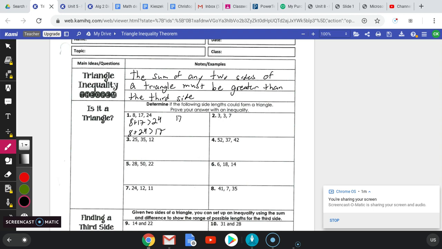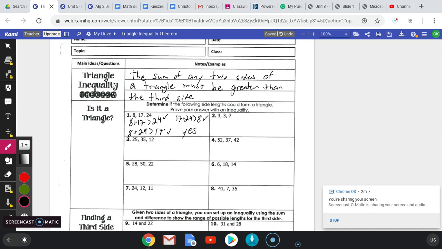Is 17 plus 24 bigger than 8? But like I said, if I just take the two smaller sides and add them together, that's what I really only care about, because the other parts should be true. So, this is obviously true, that's obviously true. Is 8 plus 17 bigger than 24? Yeah, it's 25. So yes, these three sides can be a triangle.